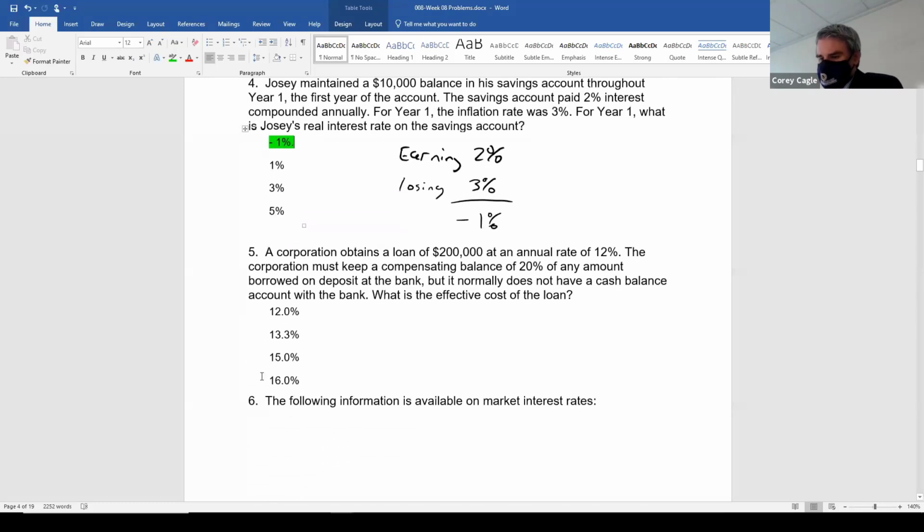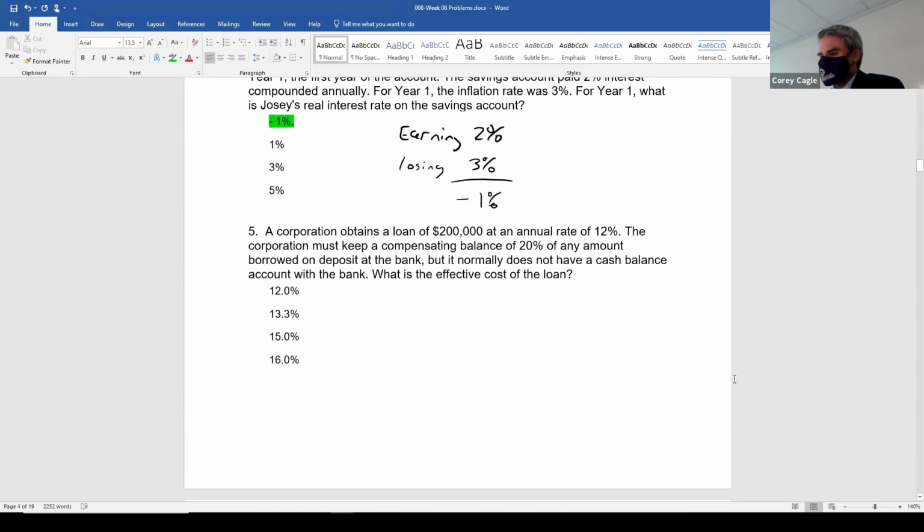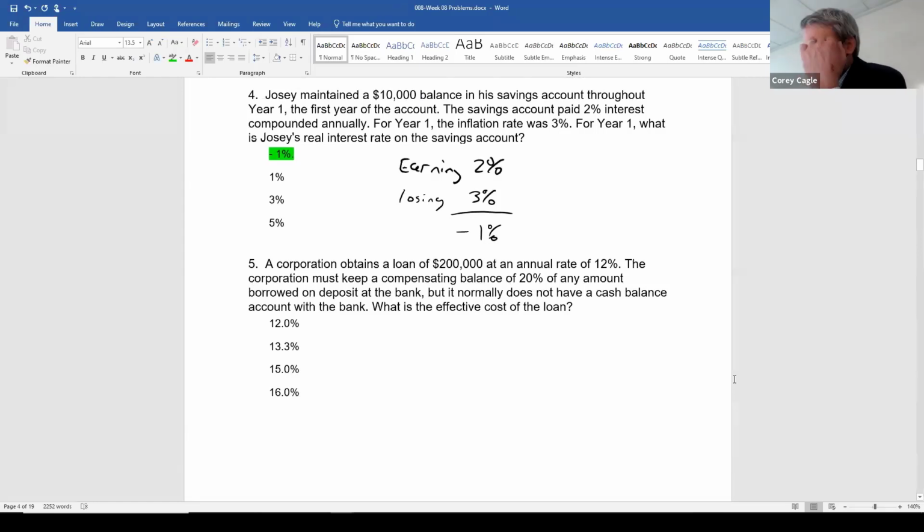Number 5. This is an effective interest problem, similar to what we did in earlier sections. So effective interest, what are we paying divided by what do we have available to use from the borrowings here, right? So we borrowed $200,000 at an annual rate of 12%.